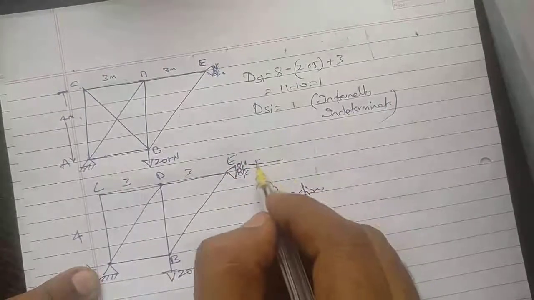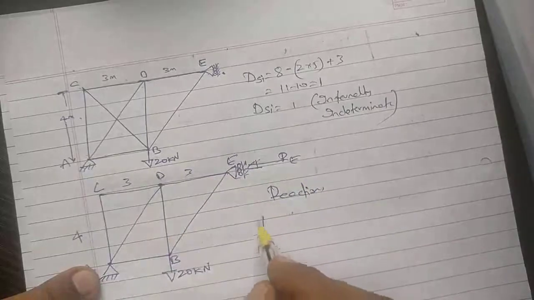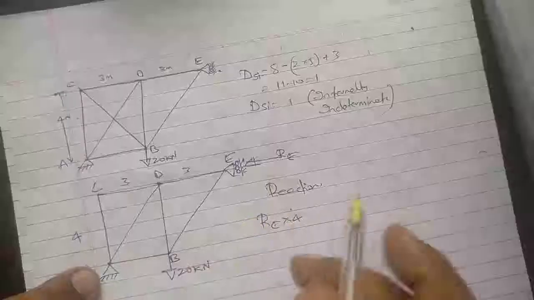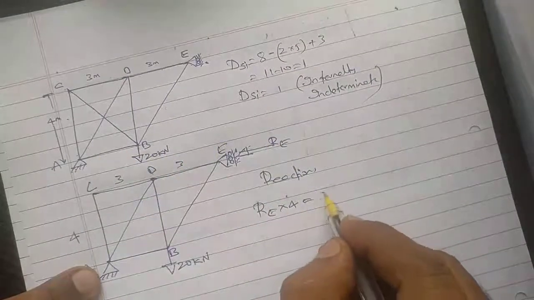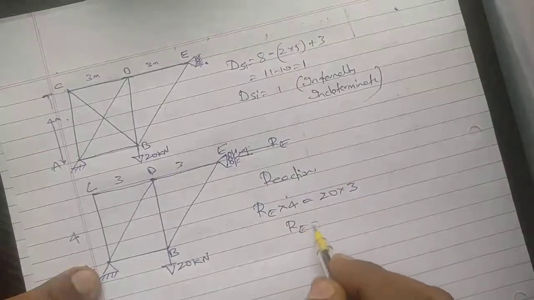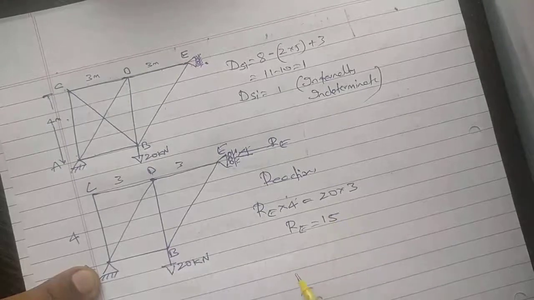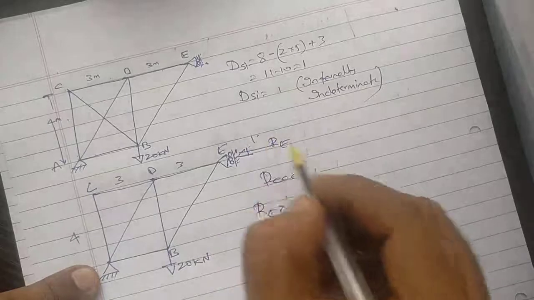So this is RE. So RE into 4, and this direction, this direction, 20 into 3. So RE is equal to 15 kilonewtons.